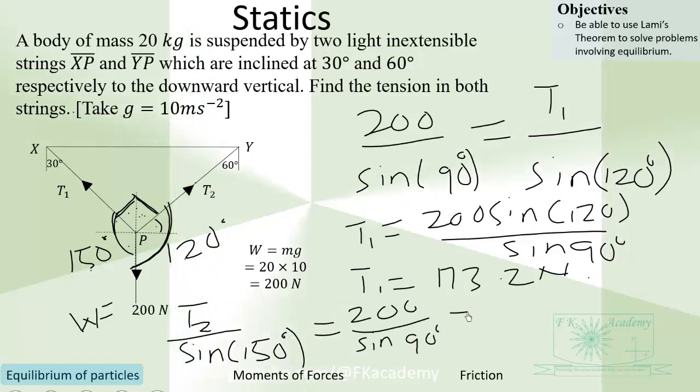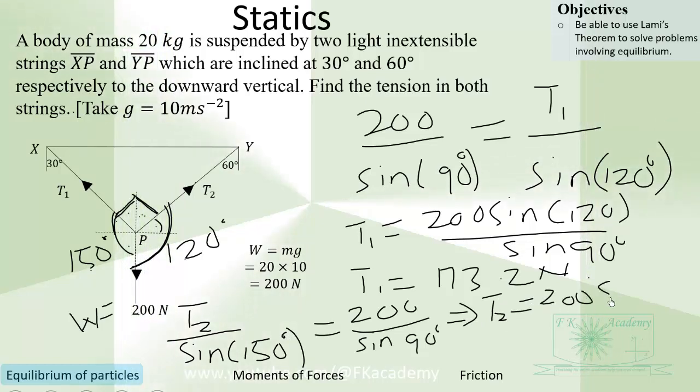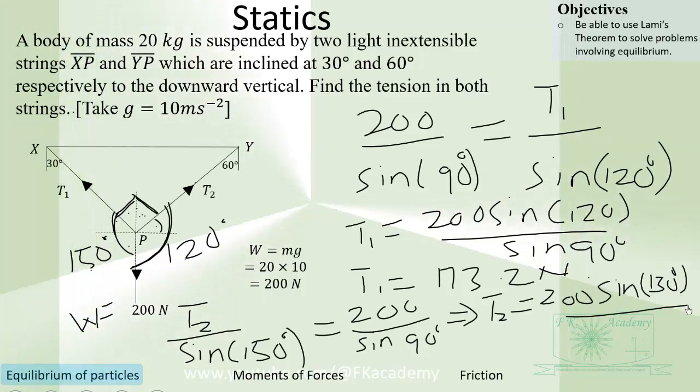So this implies that T2 will be equal to 200 times sine 150, which is the same as sine 30, all over sine 90 degrees.